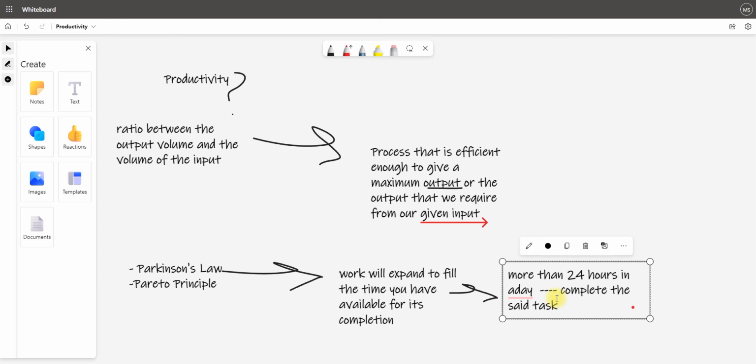So again, in other words, with growing time we can watch a task grow larger as it approaches its deadline. So we all experience such things.